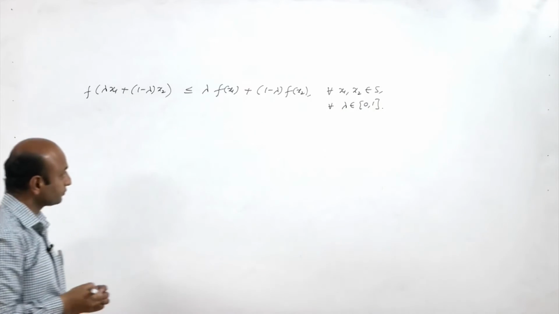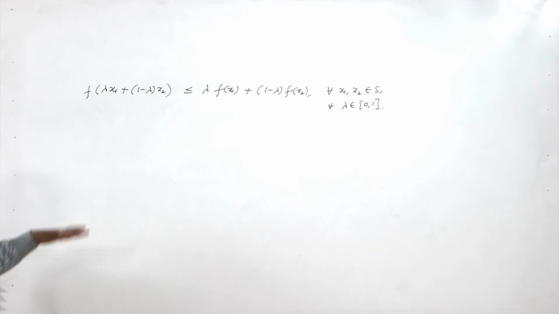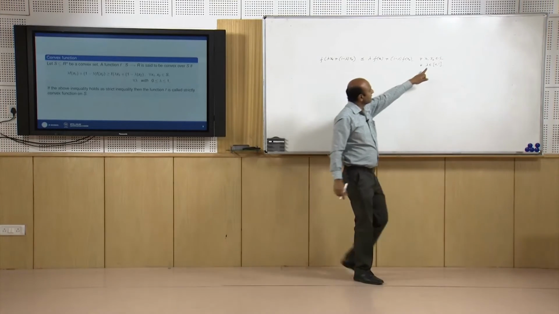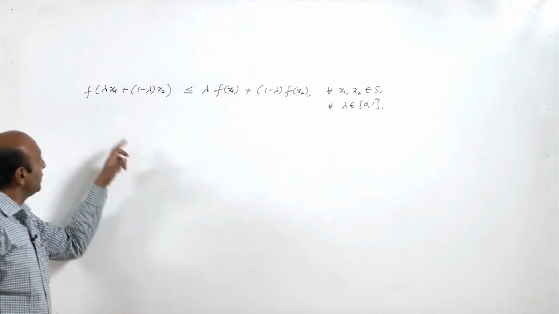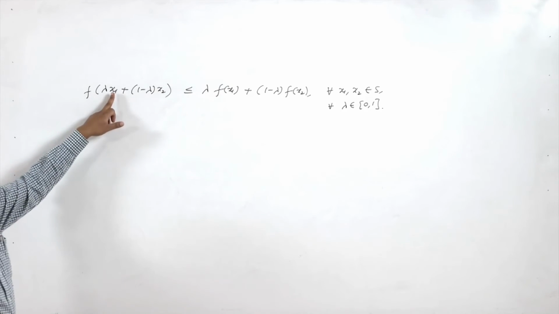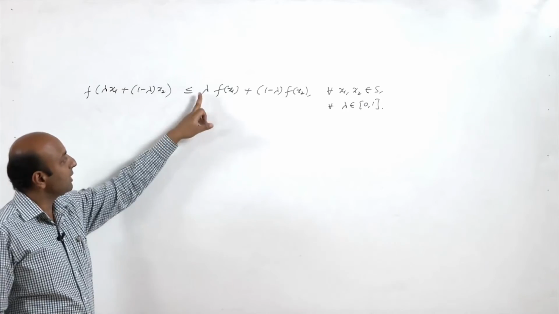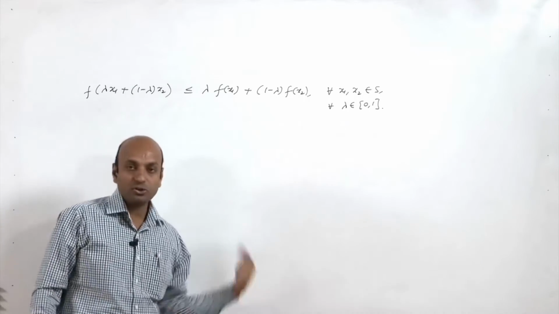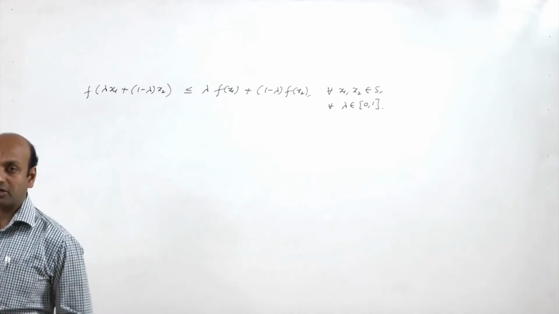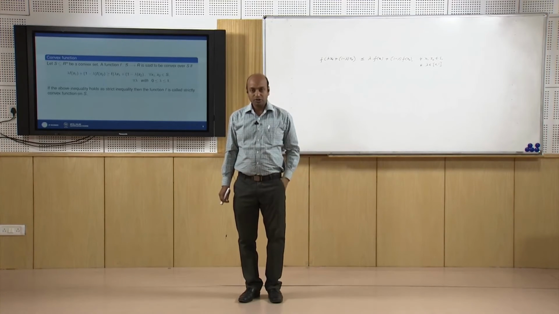So here S is a convex set. If f of the convex linear combination of any 2 points of S is less than or equal to lambda f x1 plus 1 minus lambda f x2, then we say that the function f is a convex function.